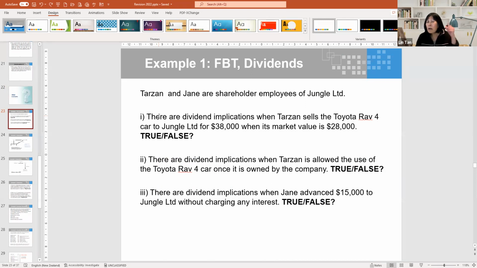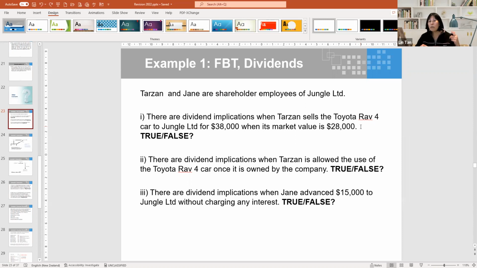There might be a scenario provided earlier, but it doesn't matter. Here we are told that Tarzan and Jane are shareholder employees of this particular company, Jungle Limited. And you're given a statement that there are dividend implications when Tarzan sells the car to Jungle Limited for $38,000 when its market value is $28,000.